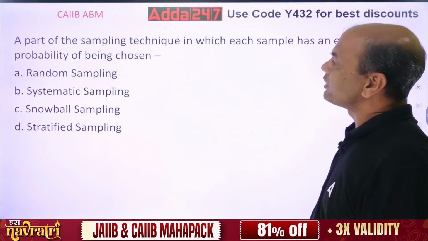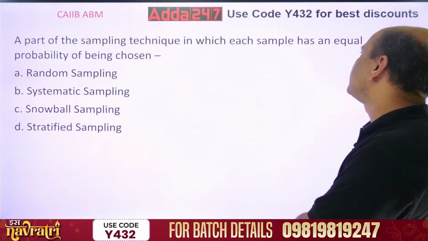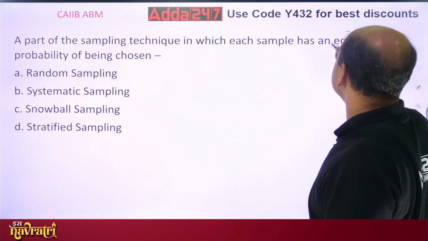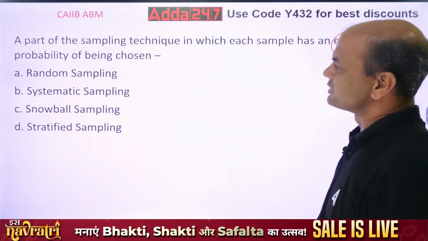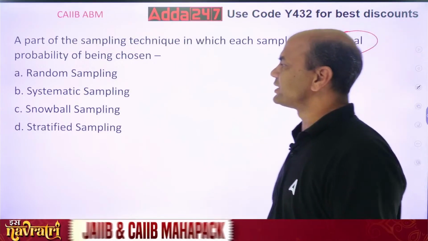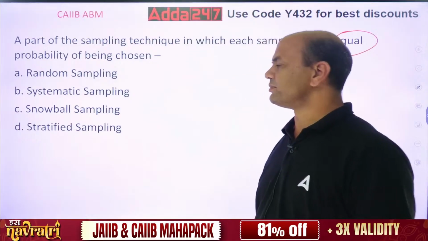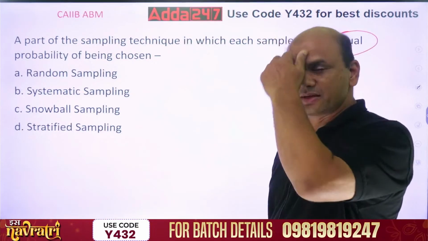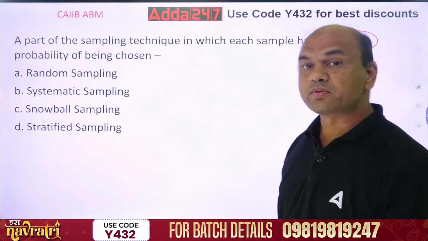A sampling technique in which each sample has an equal probability of being chosen: equal probability of being chosen is known as random sampling, systematic sampling, snowball sampling, and stratified sampling. Equal chance.